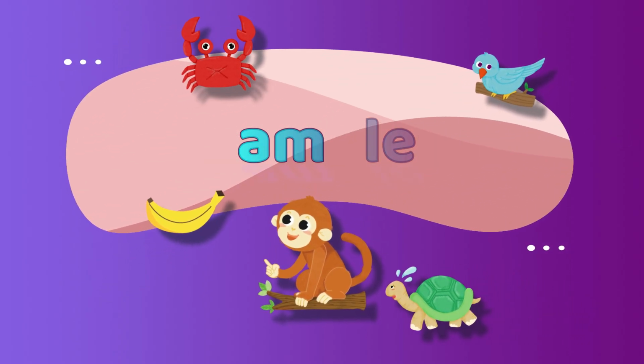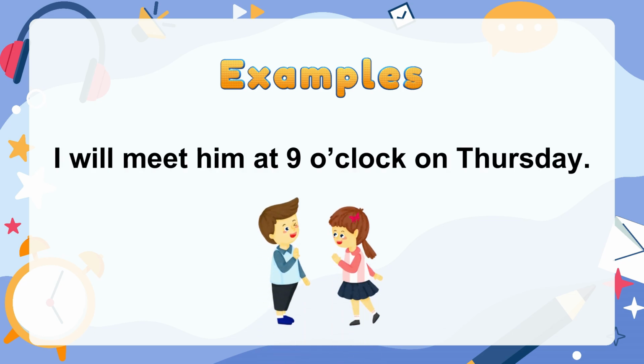Examples. Let's look at some example sentences. The first one says, I will meet him at 9 o'clock on Thursday. The preposition at is used for telling time, 9 o'clock.